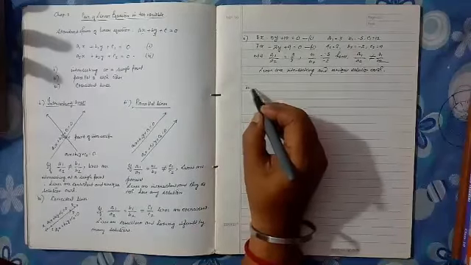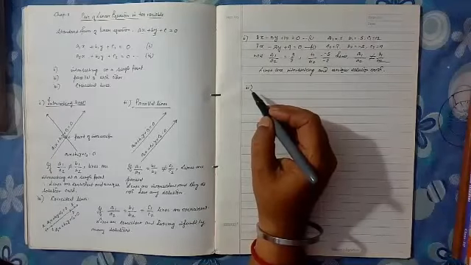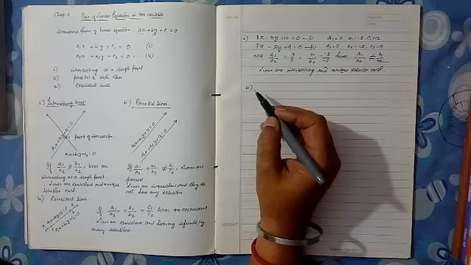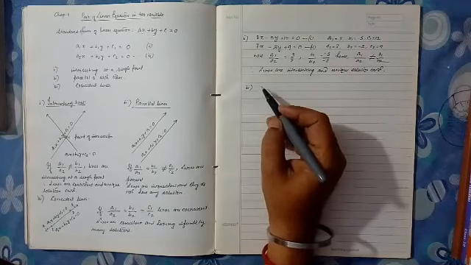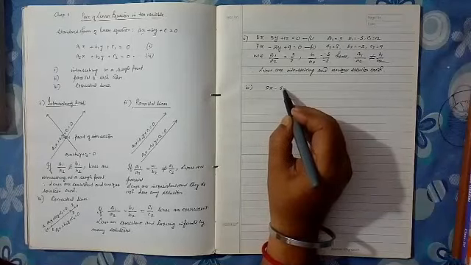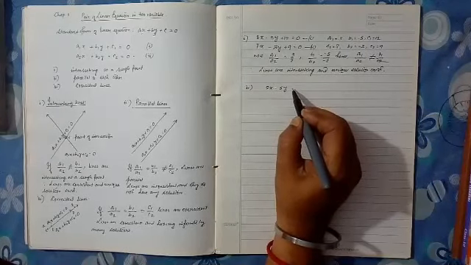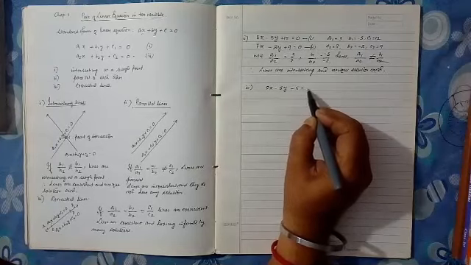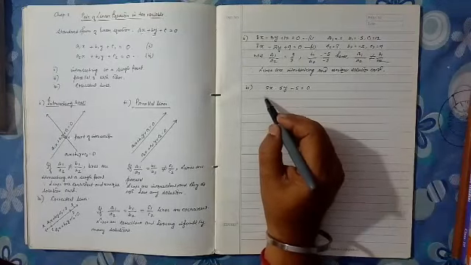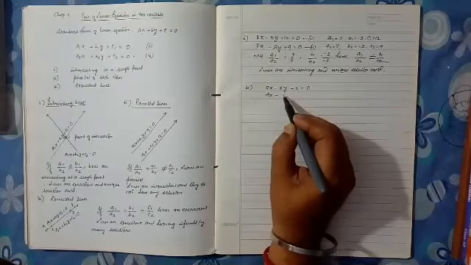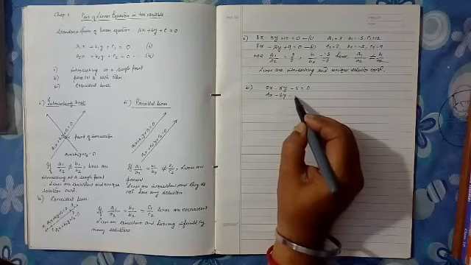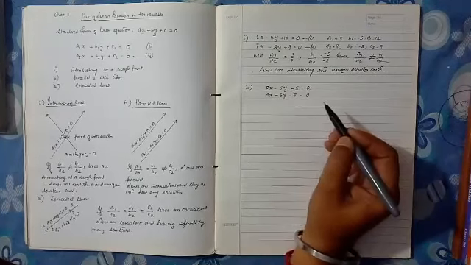Next, I am taking another pair of lines, say 2x minus 3y minus 5 is equal to 0 and 4x minus 6y minus 7 is equal to 0.